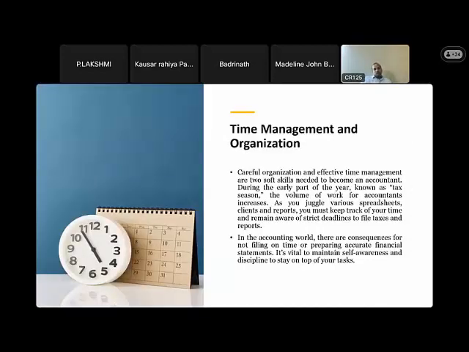Another soft skill you need to develop is time management and organization. Careful organization and effective time management are two soft skills needed to become an accountant. During the early part of the year, known as tax season, the volume of work for accountants increases. Okay.